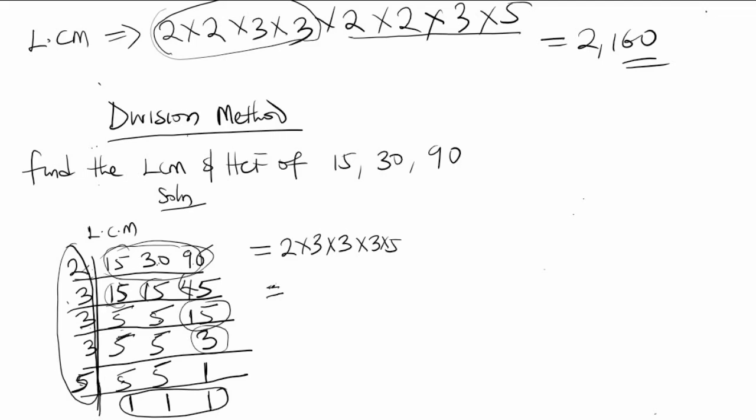I made a mistake. Sorry. This is 5. 15 divided by 3 is 5. Sorry about that.